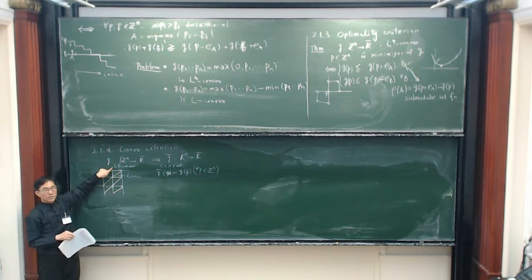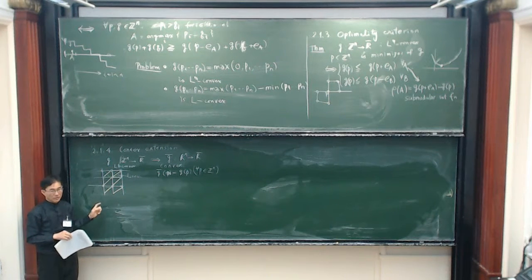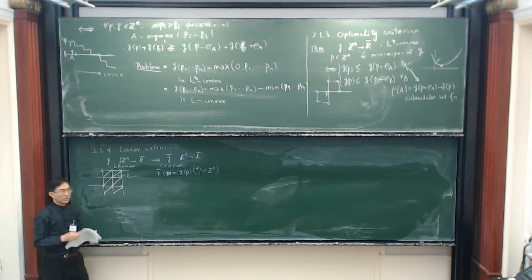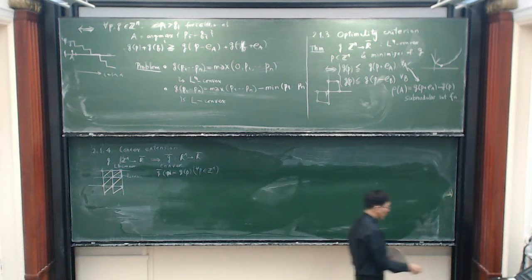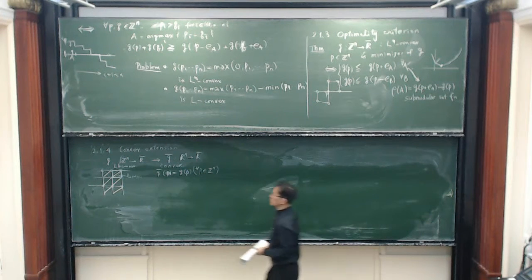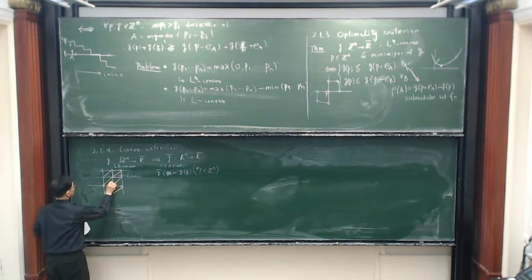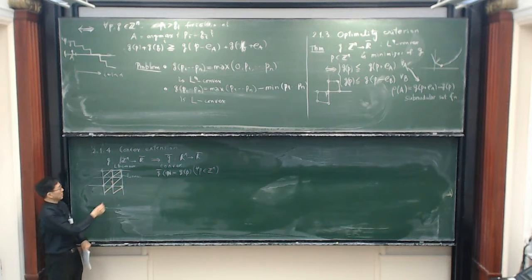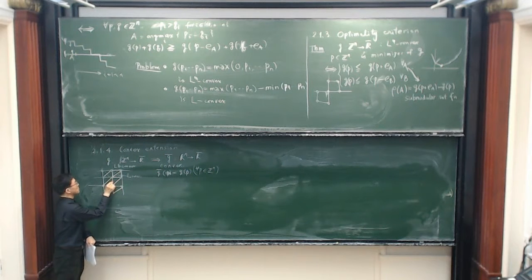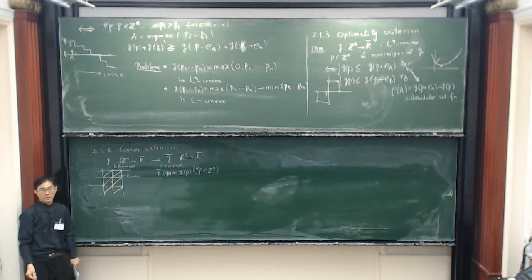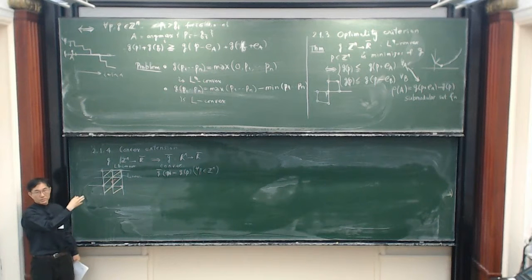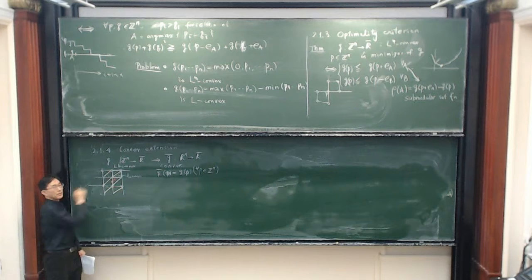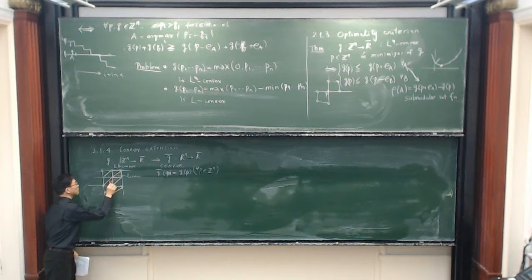L-convex function is somehow invariant, moving towards this direction. So if you are worrying about convexity at the boundary points somewhere here, you could just move this point inside here because of the invariance. Then around here, this is a convex function. So here we must have convexity.